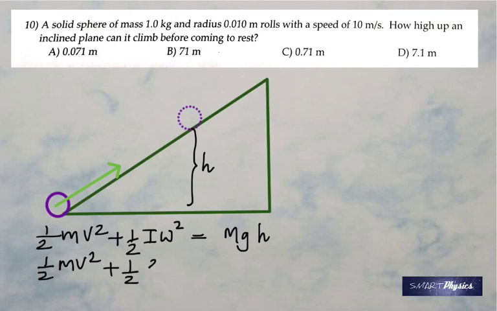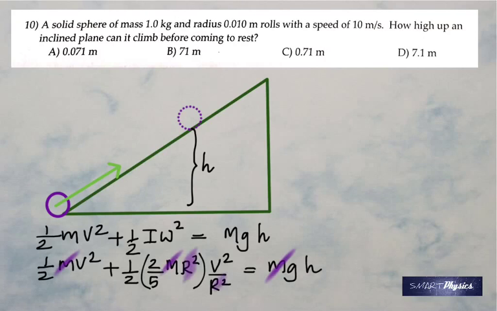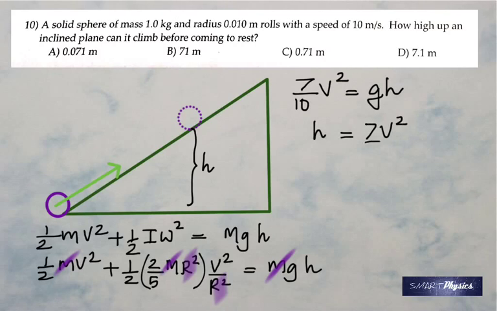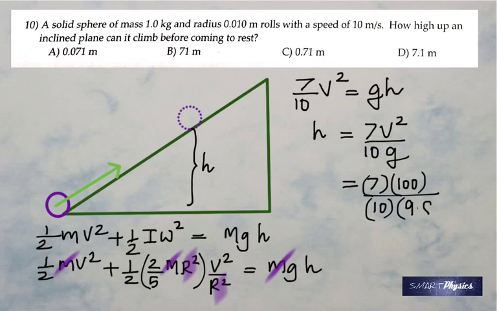You can substitute omega as V by R, and I is 2 by 5 mr squared, the moment of inertia of a sphere. Cancel the masses and the radius squared, and you get 7 by 10 V squared is gH. Rearrange to make H the subject and calculate to get 7.1 meter.